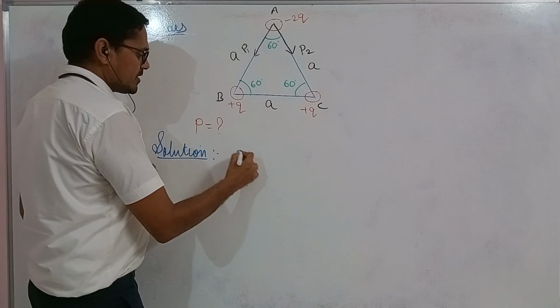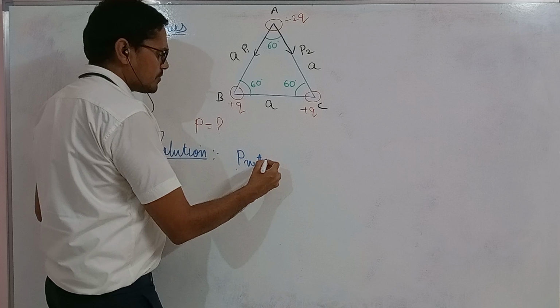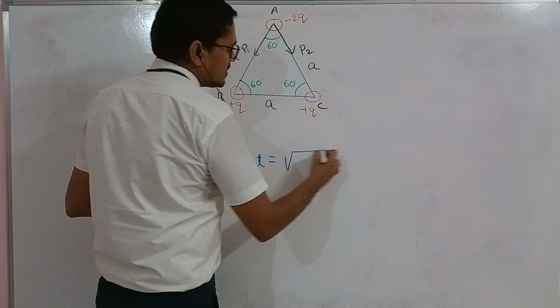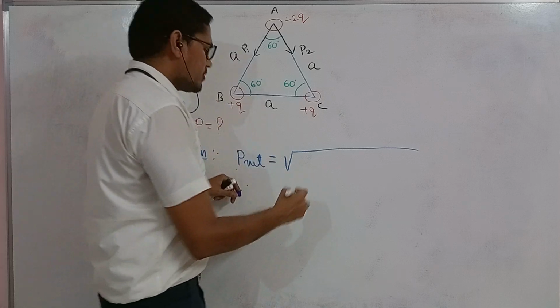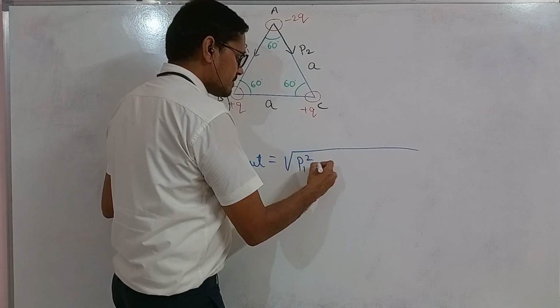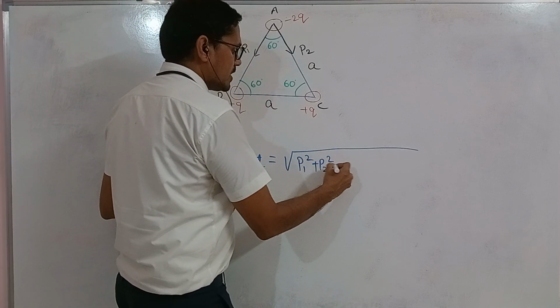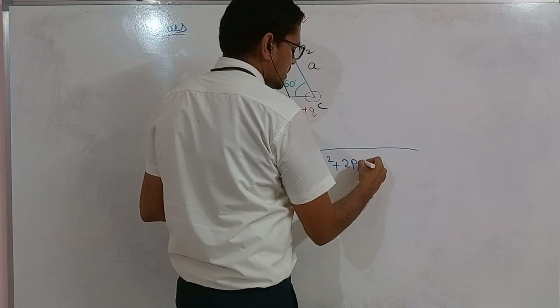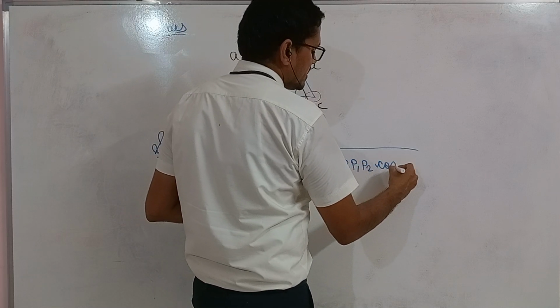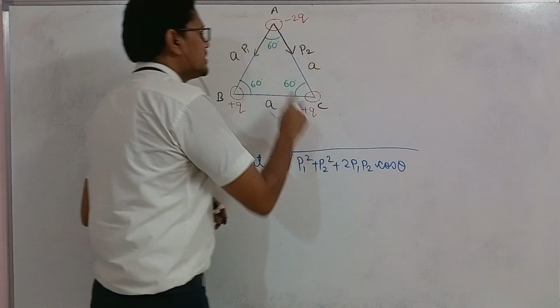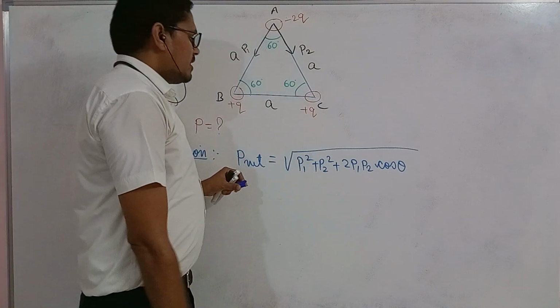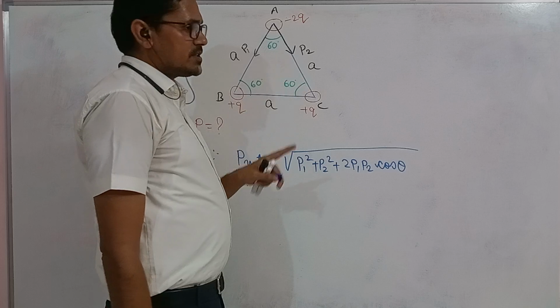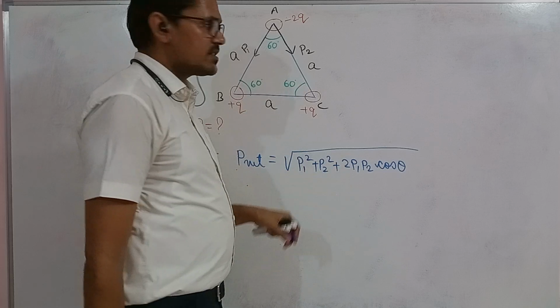P net, the resultant dipole moment, would be given by root under P1 square plus P2 square plus 2 P1 P2 cos theta, using the vector law of addition, where theta is the angle between P1 and P2, which is 60 degrees. Let's find out P1 and P2 first, then we'll put the values here and get the answer.